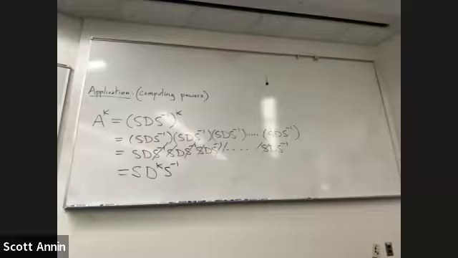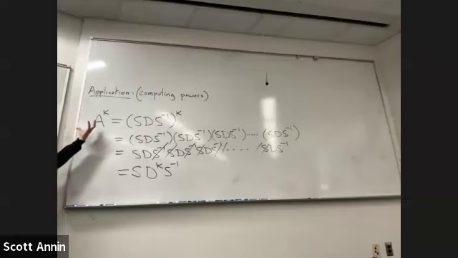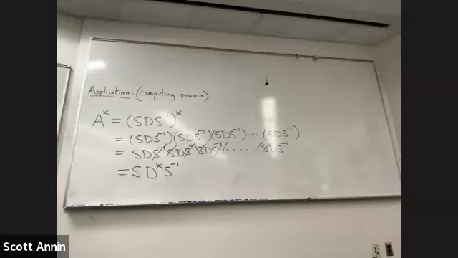Guys, if you want to calculate powers of a diagonal matrix, as opposed to A itself, which is some messy matrix, it's easy. You just do the powers of the diagonal values.